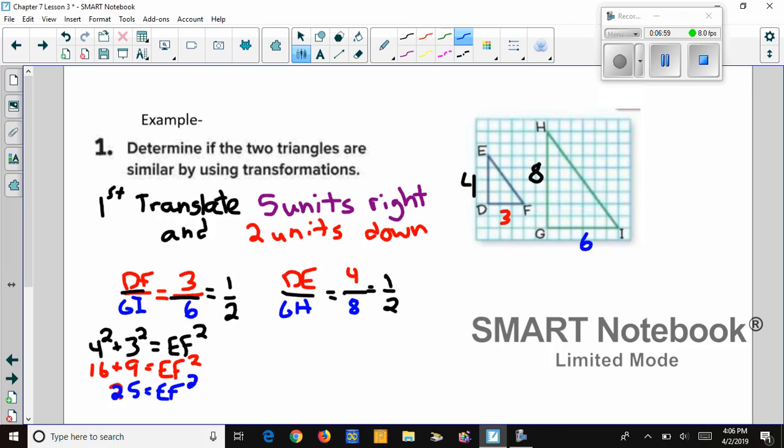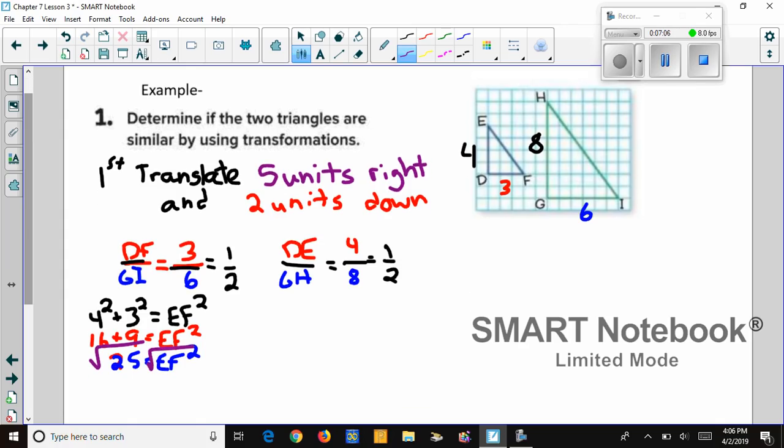And to finish solving, I need to take the square root of both sides to find that EF is equal to 5 units. So I know that EF is 5.